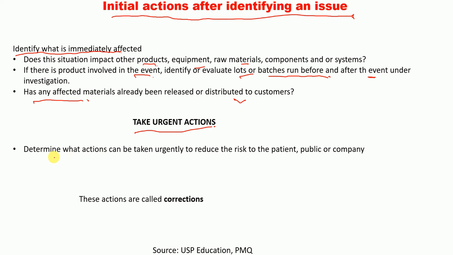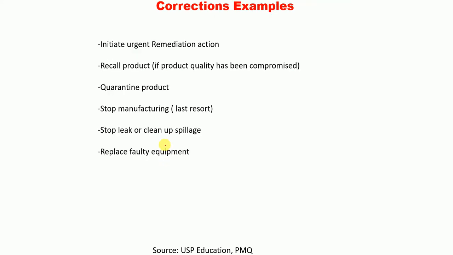We have to determine what actions can be taken urgently to reduce the risk to the patients, public or the company. These actions are called corrections. So what kind of actions include corrections?